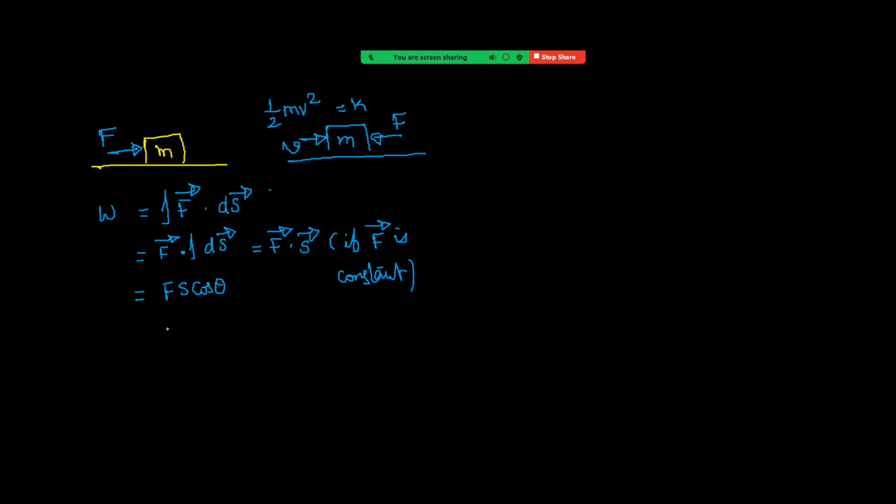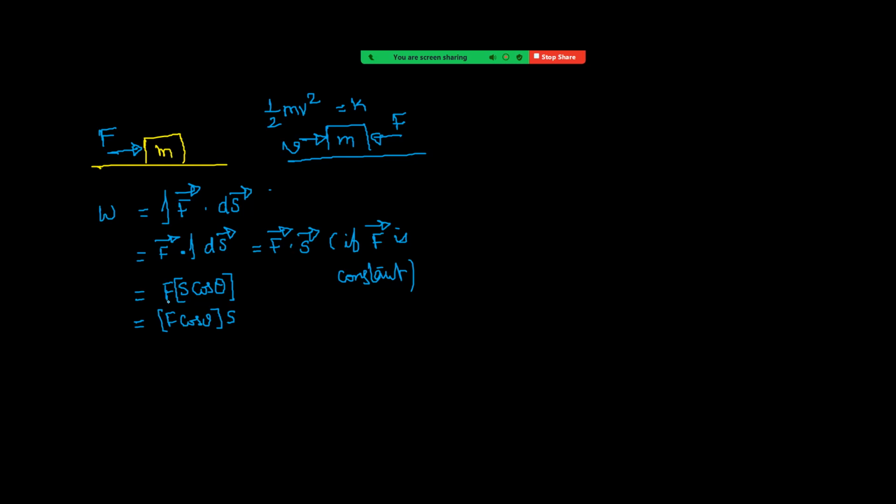Now this can be written as either F into S cos theta, or F cos theta into S. As per mathematics, both are same. But in physics, the meanings of these two are not same, even though values are same.